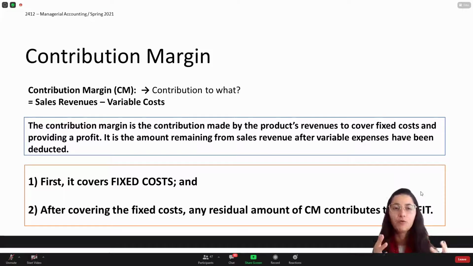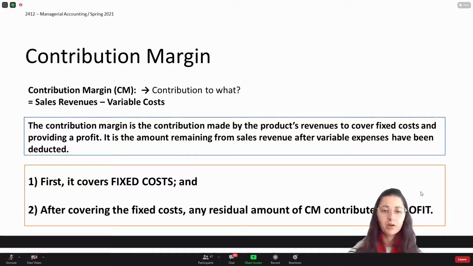So the contribution margin is what the company has left over to pay fixed costs, and any remaining amount is profit.